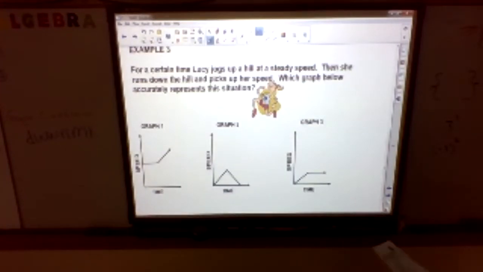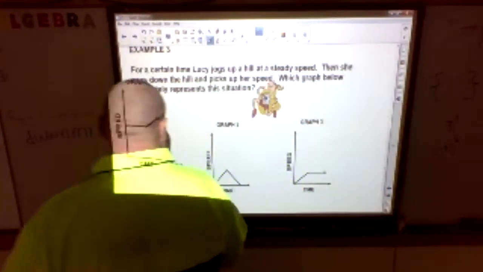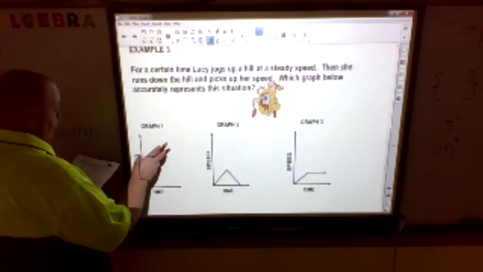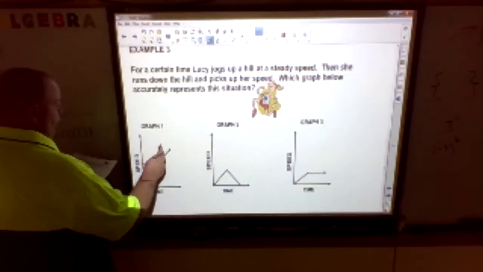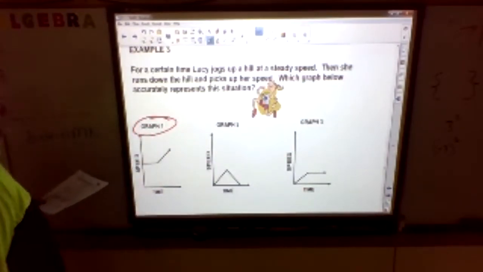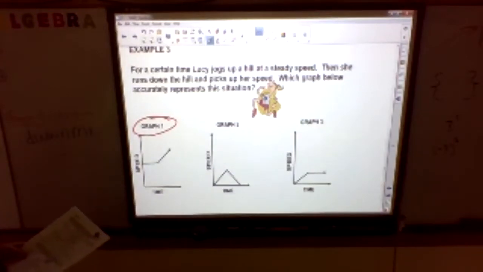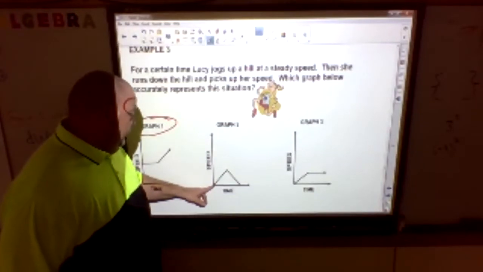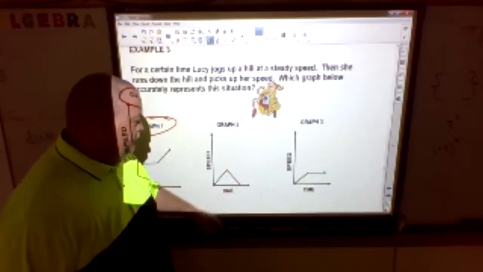All right, so at a steady speed, that means we're going to be steady across. And then she runs down the hill and picks up her speed, so her speed is going to go up. So graph 1 correctly identifies that. This one right here is showing she was going fast and then she slowed down.